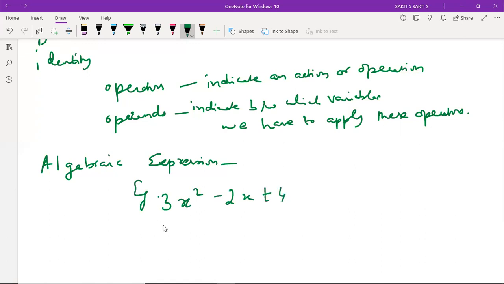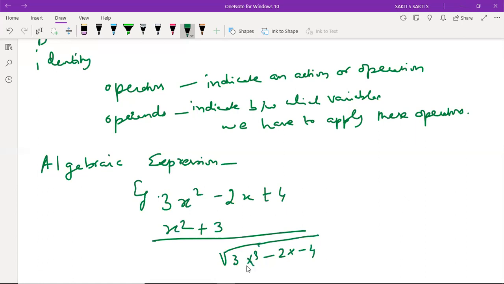Otherwise, I can very well have x squared plus 3 divided by the square root of 3x cube minus 2x minus 4. So this is how I can add.